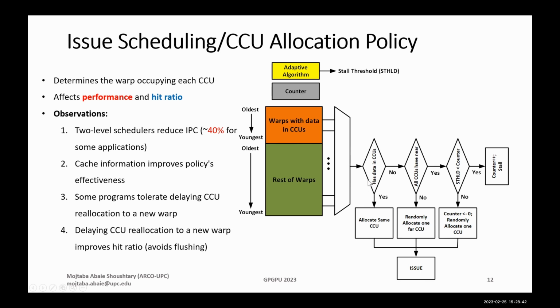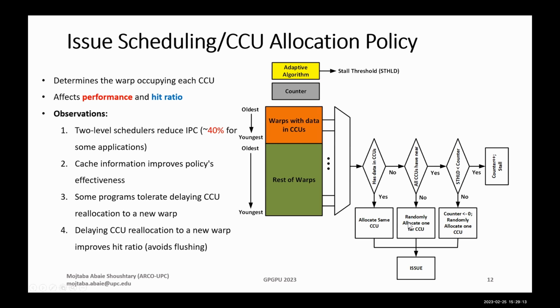Then when the warp has been selected, we check if that warp has data in any of the CCUs, we just allocate the same CCU to that warp, and we issue the instruction. If the warp is new, it means that there is no collector unit that has the data for this warp.